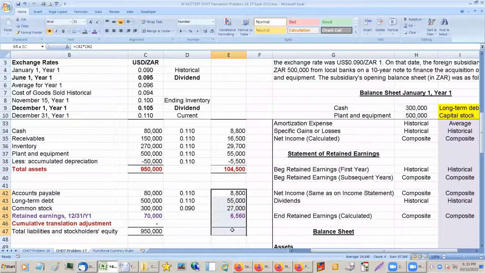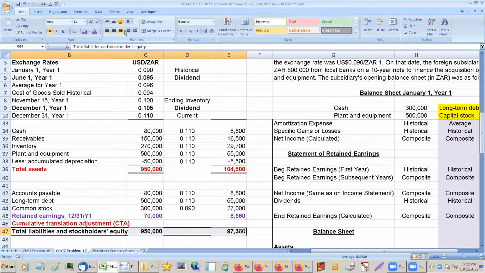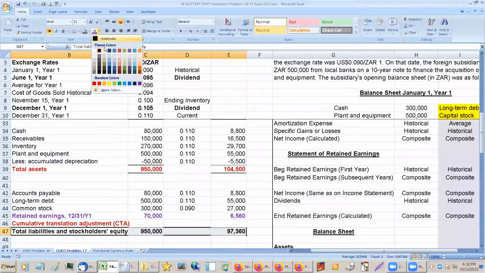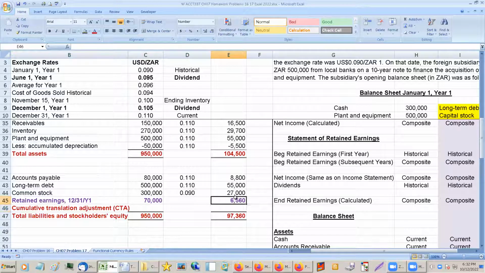And so we're going to do it without this cumulative translation adjustment because it's easier just to go ahead and do the whole thing, and then figure out what the difference is.